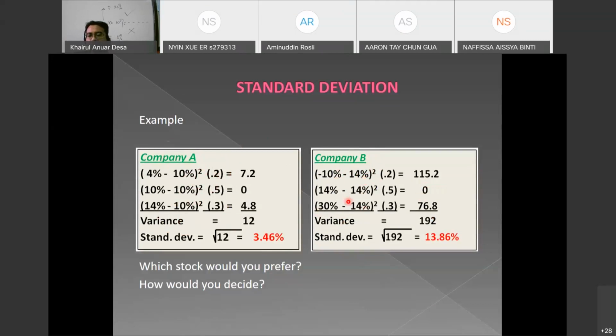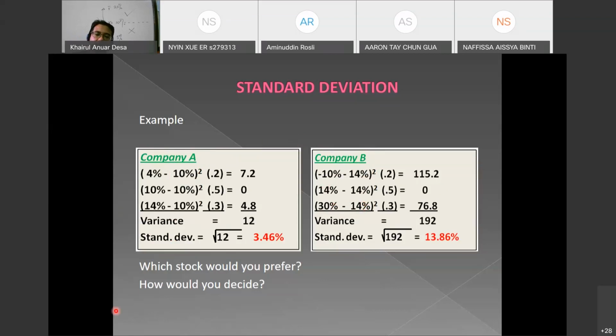This is not fair to compare company A and company B with different expected rate of return. So how to make a fair comparison? Bagaimana nak membuat perbandingan yang lebih adil bagi dua buah syarikat yang mempunyai kadar pulangan dijangka yang berbeza.